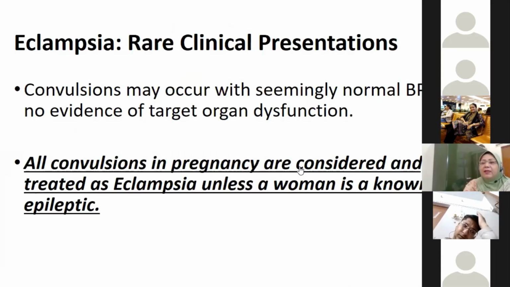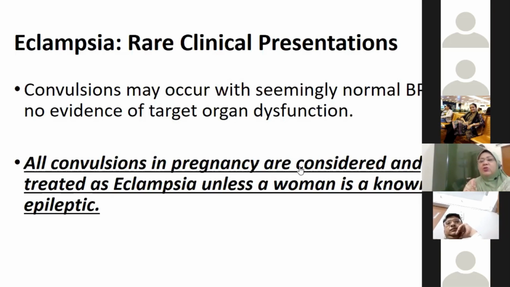This is one important rule that you should remember: all fits during pregnancy should be treated as eclampsia unless proven otherwise. So if you are waiting for a diagnosis, you are not finding that the BP is high, but the patient is convulsing, for any type of convulsion, the management is the same, that is magnesium sulfate in pregnancy.